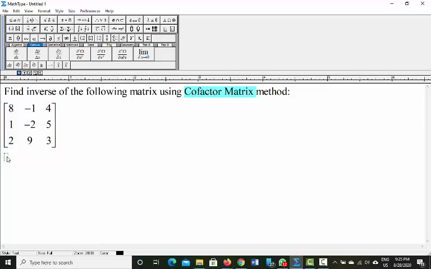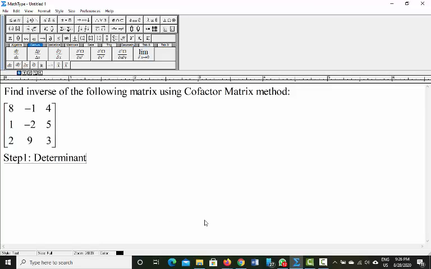So if you want to find the inverse of a matrix using the cofactor matrix method, in step 1 you need to find the determinant of that matrix.